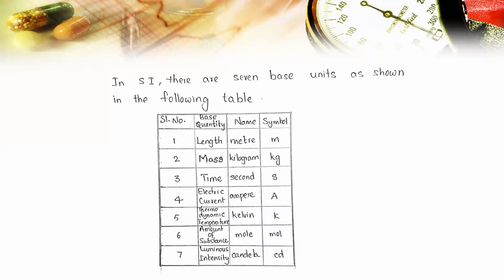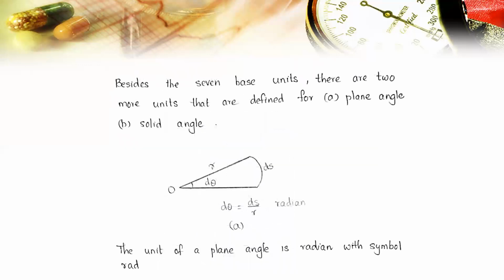Thermodynamic temperature is measured in Kelvin, current in ampere, time in second, mass in kilogram, and length in meter. Besides these seven base units, there are also units defined for a plane angle and a solid angle.